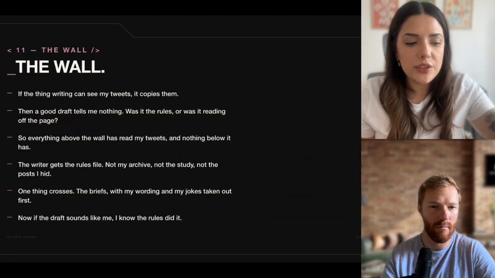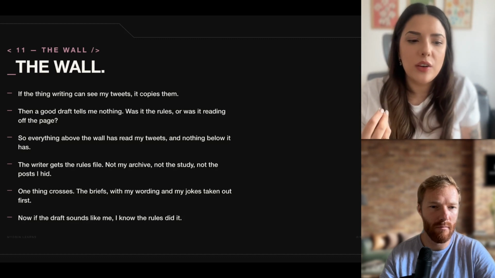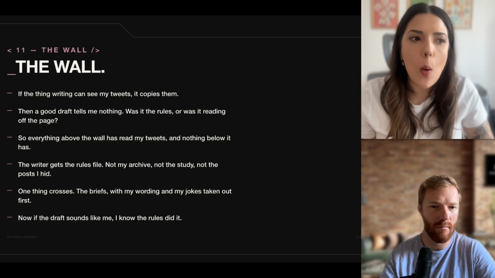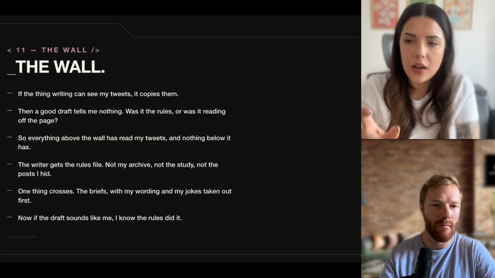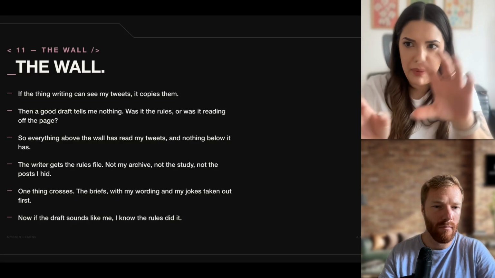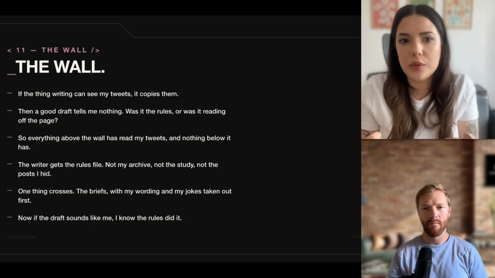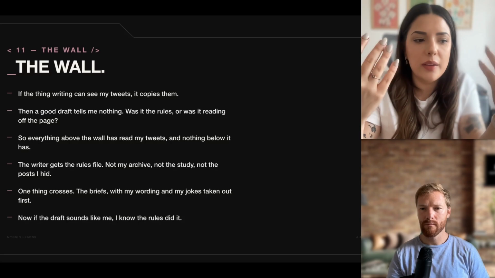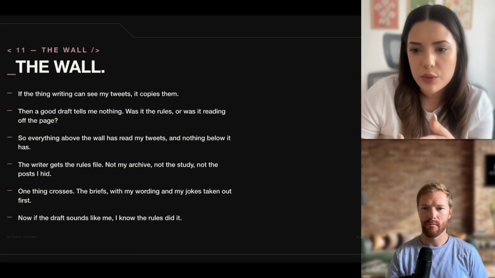Basically, if the clone is not able to sound like me there, I cannot know if it's just copying what I already wrote and taking phrases of it, making a patchwork of that, or if it's using all my rules and all my context and all the methodology and the structures that I have to actually create something new.